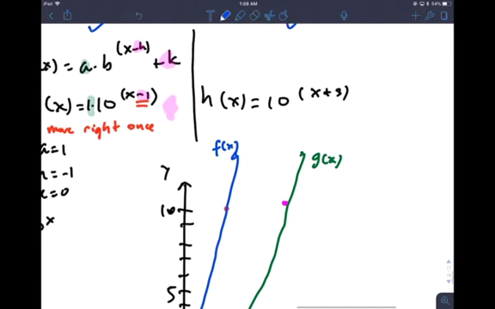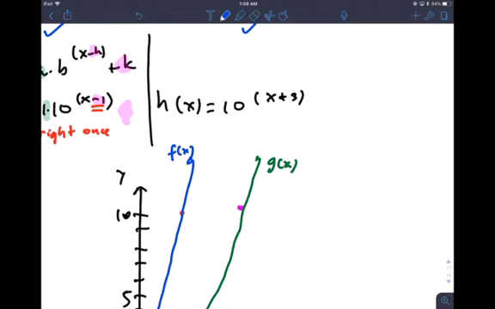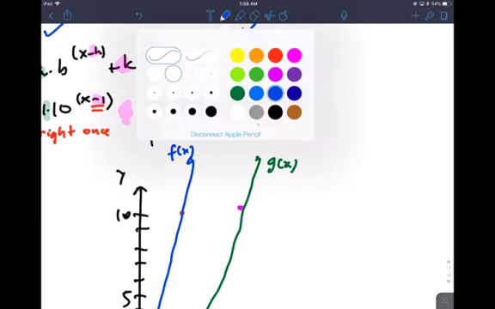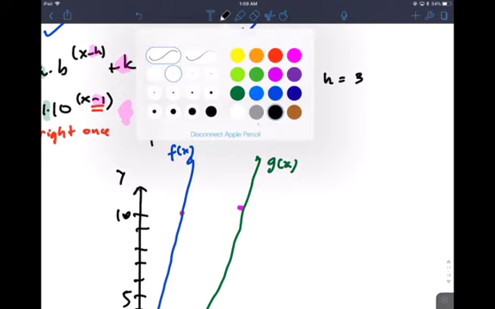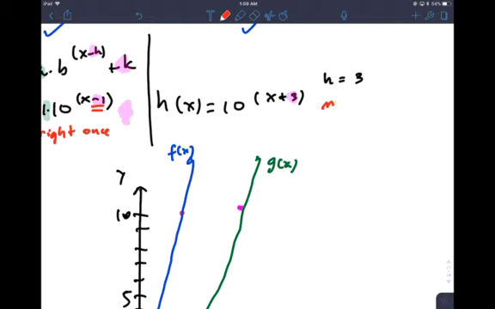And then if I want to grab h of x, again, recognize the parameter. So that's h. H is positive, so that means it's going to move the graph 3 units left.